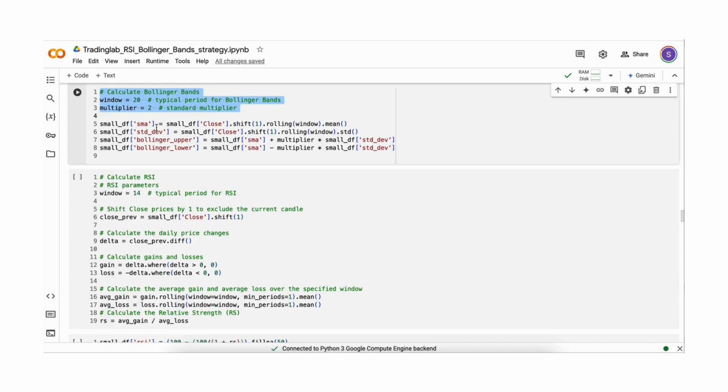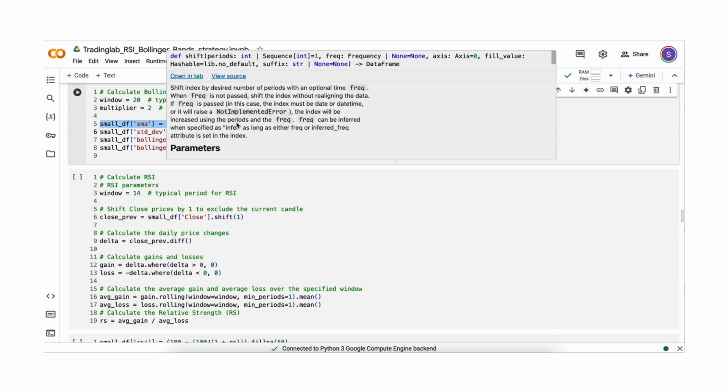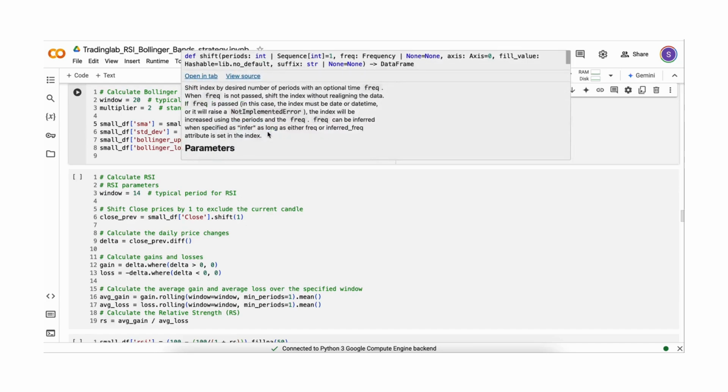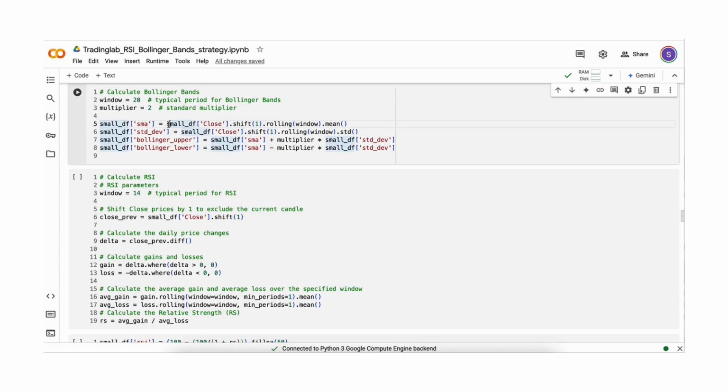We first calculate the simple moving average based on the closing values, and we shift the value by 1 because we only want to consider values up to the last candle when we calculate the Bollinger Band for the current candle, so that we don't leak data from the current candle. This is a recurring theme in many of my videos if you follow the other strategies that I discuss.